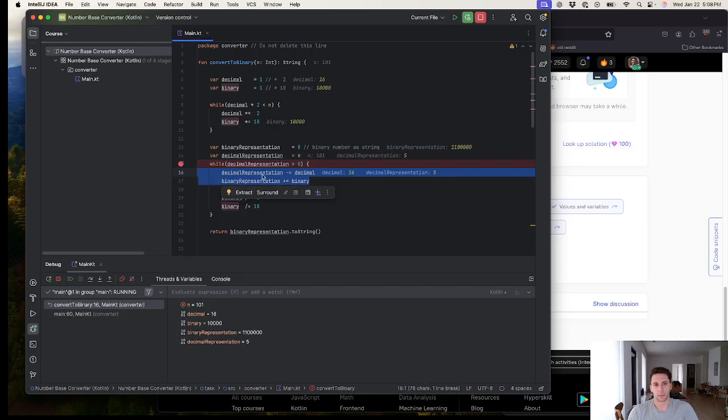Right? So binary representation minus decimal. So this decimal is 16. No, this shouldn't happen all the time either. Sorry, this should happen every time. This should not happen every time.